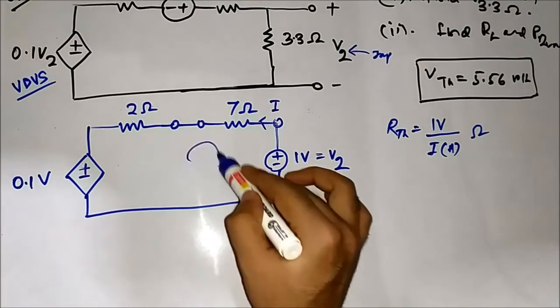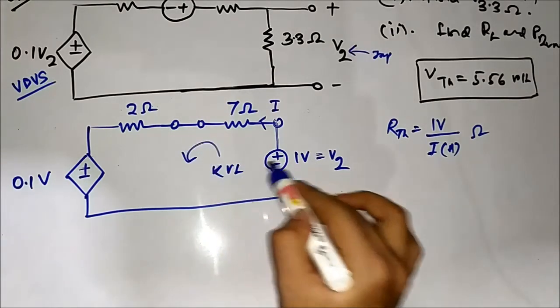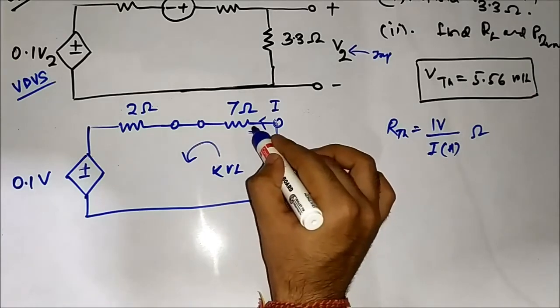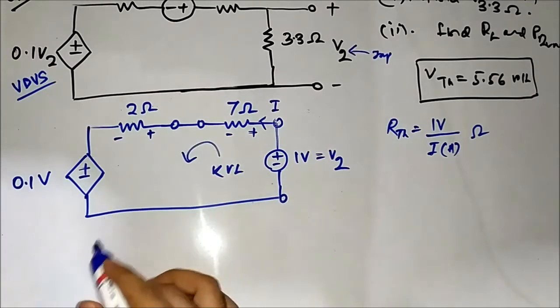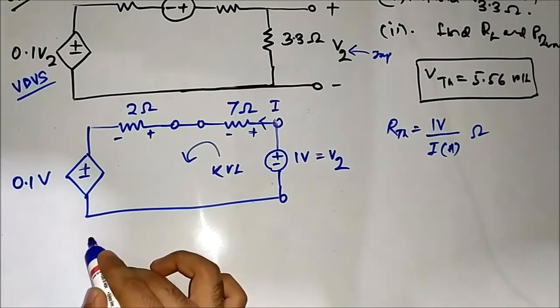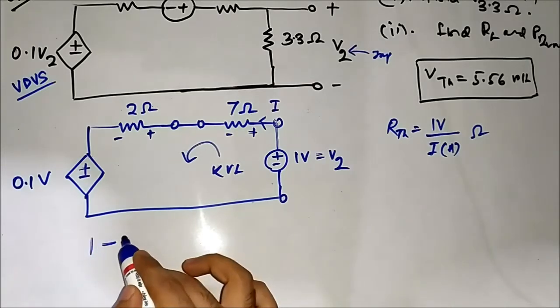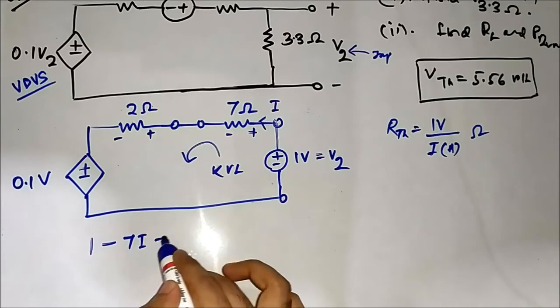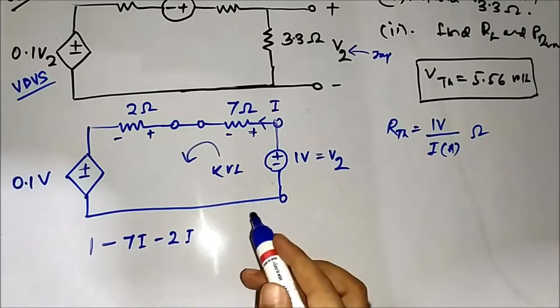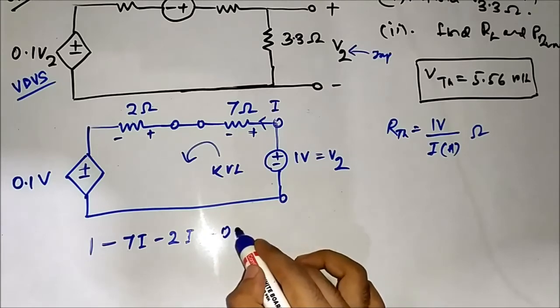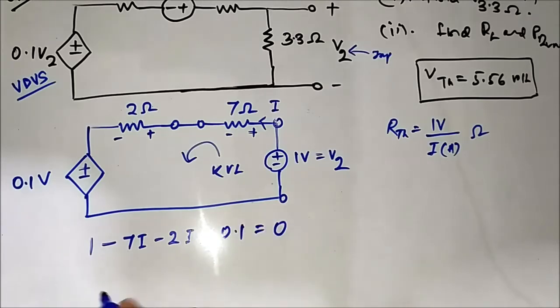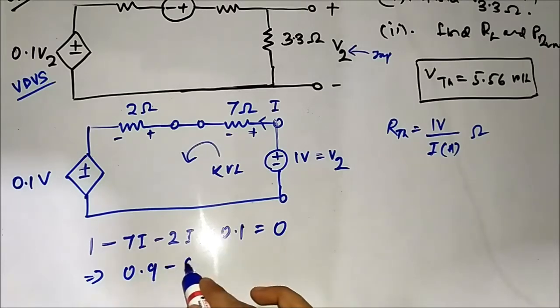So putting KVL in this direction, we'll get, always assign the polarities, 1 minus 7I minus 2I minus 0.1 is equal to 0. That implies 0.9 minus 9I is equal to 0.